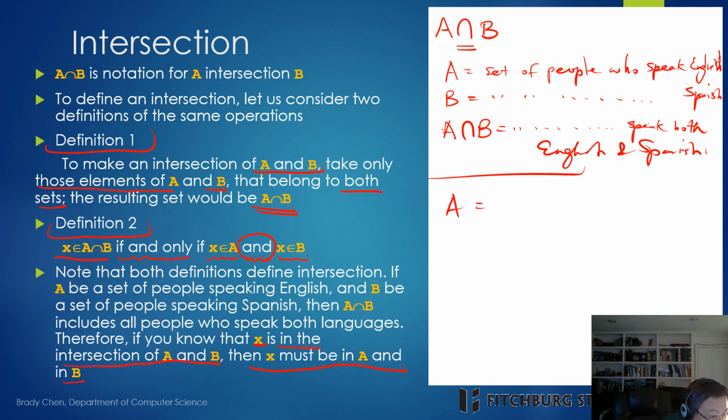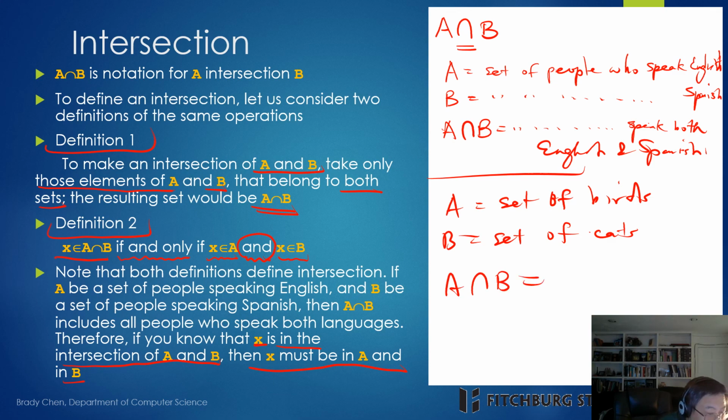Now, let's go to another example. A is the set of birds, right? And B is a set of cats. Now, what is A intersection B? It's a set of animals that belong to both A and B. That means that animal must be both a bird and a cat.